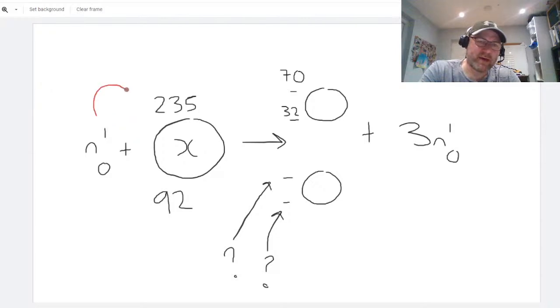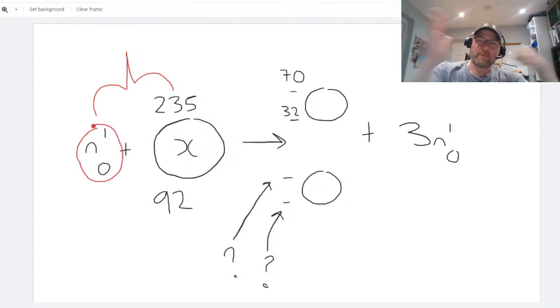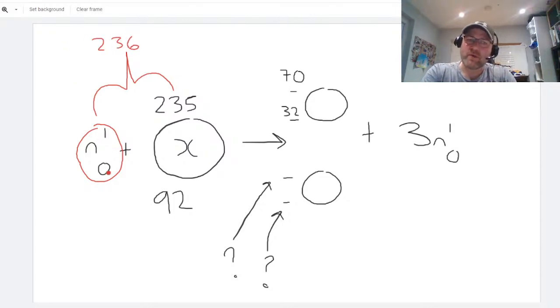Don't forget, guys, the mass number, and this is where people make a mistake. You've got to include the mass of the neutron. This neutron smashes into atom X, and for a second it's combined, so the mass number is 236. We don't have to worry about the bottom number, that's still 92.